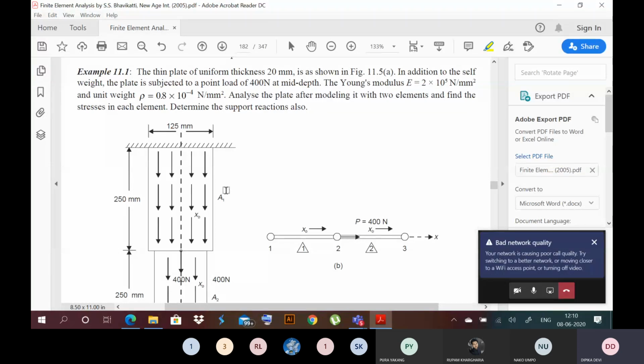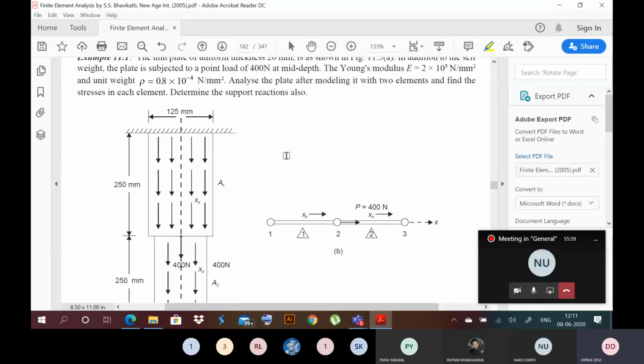The Young's modulus of the plate is 2 into 10 to the 5 Newton per millimeter square, and the unit weight rho is given as 0.8 into 10 to the minus 4 Newton per mm cube. Analyze the plate after modeling it with two elements and find the stresses in each element. Determine the support reactions also.